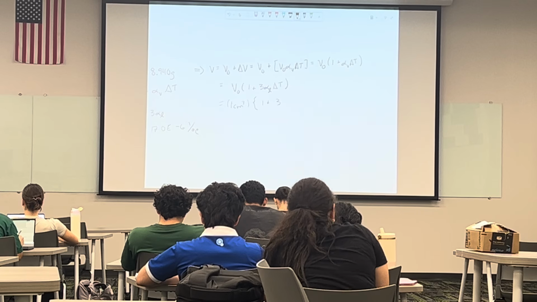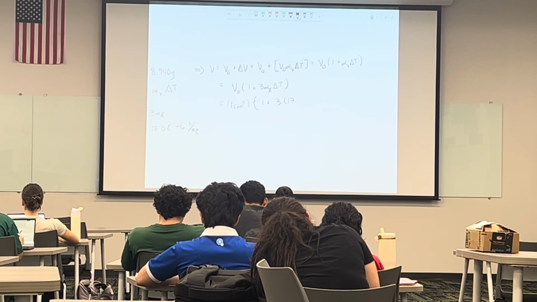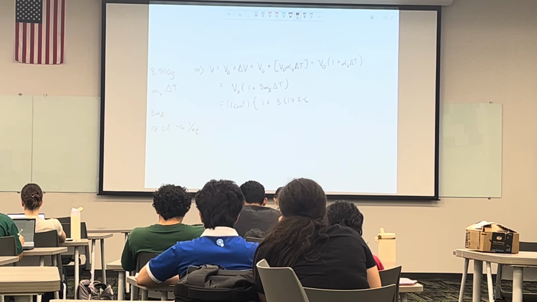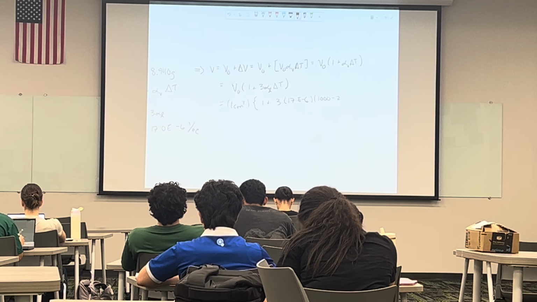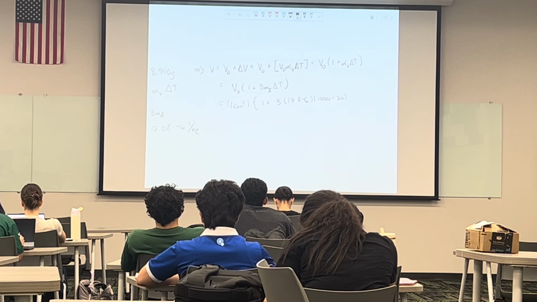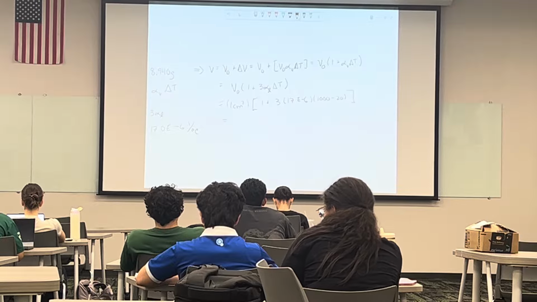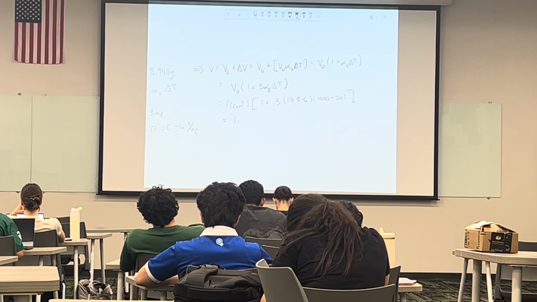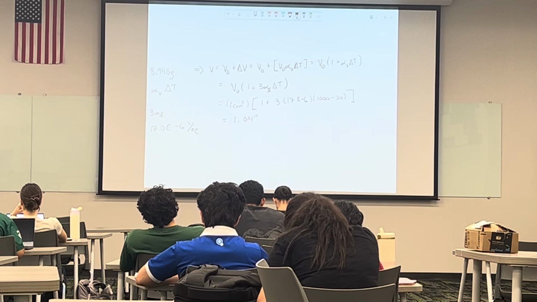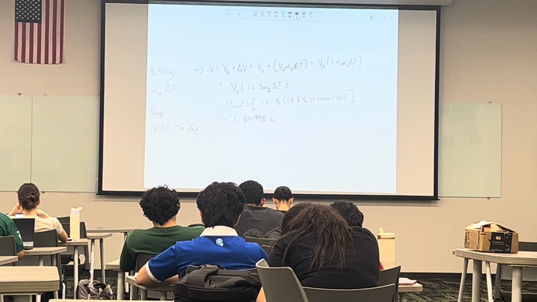It's just 1 plus the 3 times the 17 times 10 to the negative 6. And that's multiplied by 1,000 degrees Celsius minus room temperature essentially. So if you compute that, we should have 1.04998 cubic centimeters.